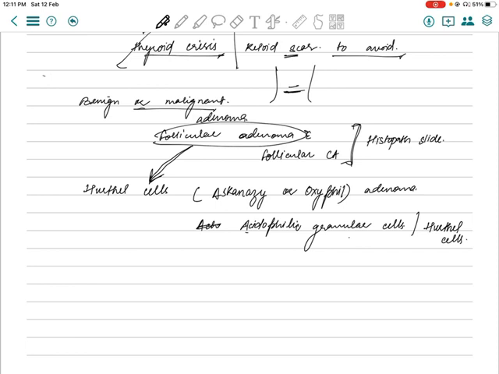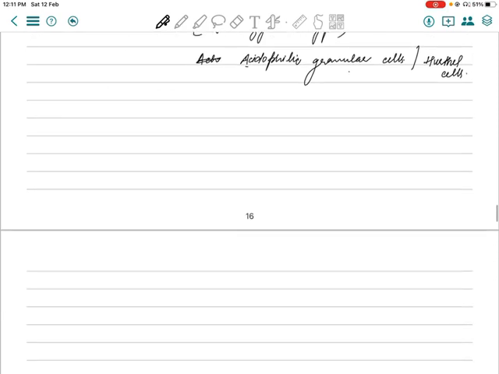Now, malignant thyroid tumors can be classified as follicular cell origin, parafollicular cell origin, or non-thyroid cell origin. So I'm going to make a flow diagram. Malignant tumor of thyroid.